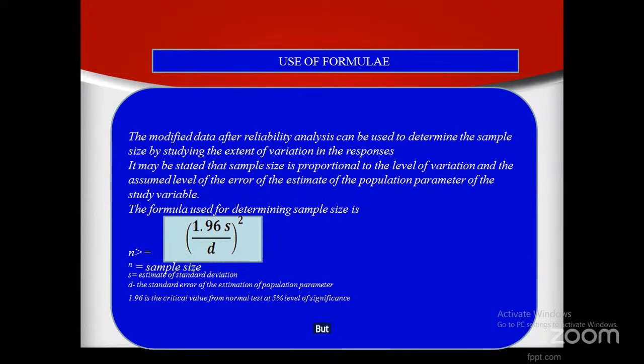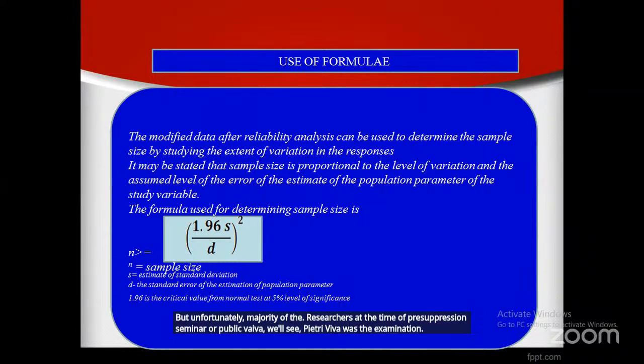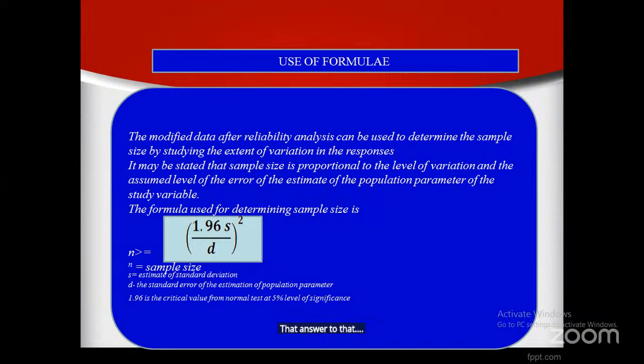But unfortunately, the majority of researchers, at the time of pre-submission seminar or public Viva Voce, PhD Viva Voce examination, answer that they applied the formula for fixation of sample size against the actual data. This is not correct. Different formulas are available, but the formula must be applied against the data collected through the pilot study.